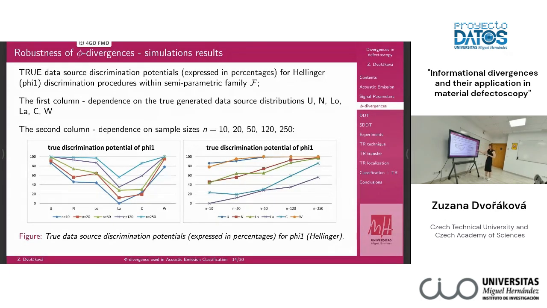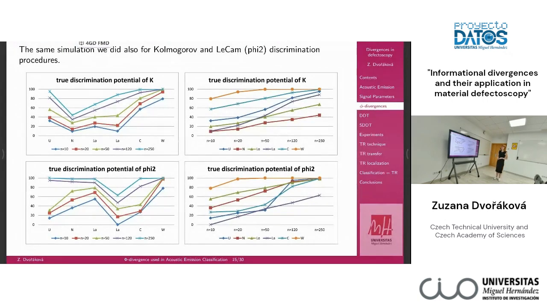And this plot depends only on the sample sizes, so you can see that better results are for bigger samples. We did it also for Kolmogorov and Lekan.